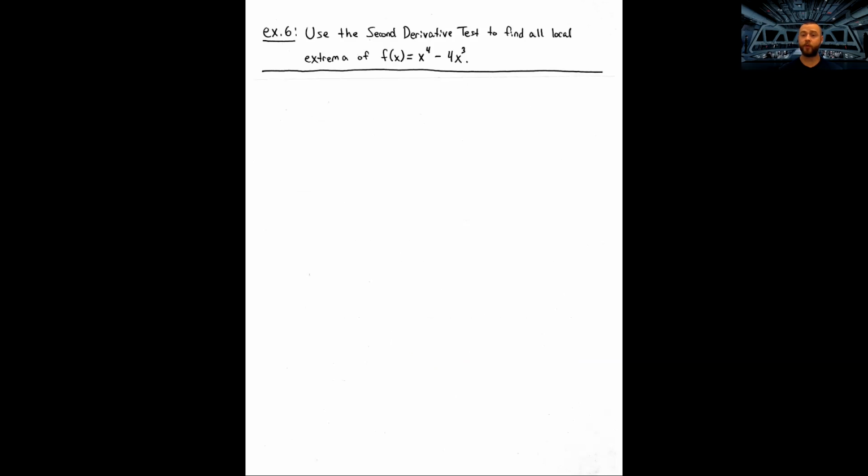Pause the video. What you want to look for first are critical points where the derivative equals 0, and then plug each critical point into the second derivative and apply the conclusions of the second derivative test to determine if each critical point is a local maximum or a local minimum. We'll check in a few minutes.